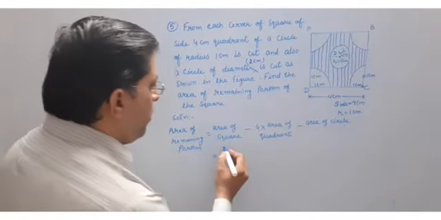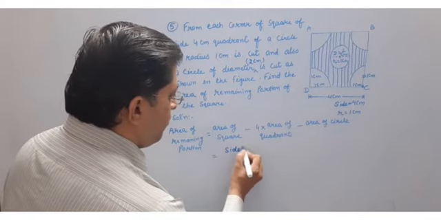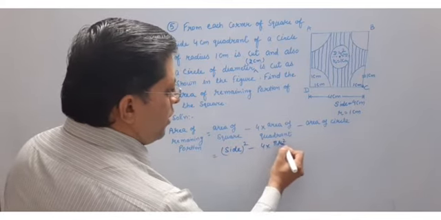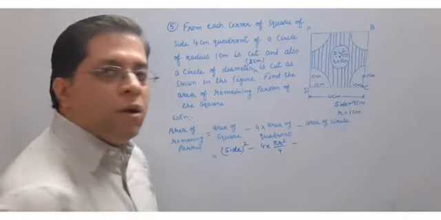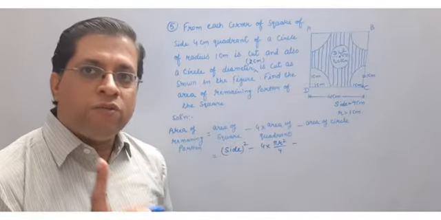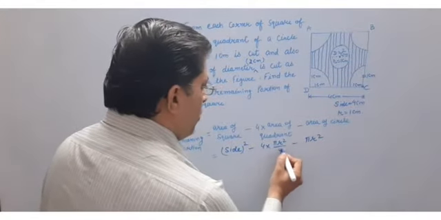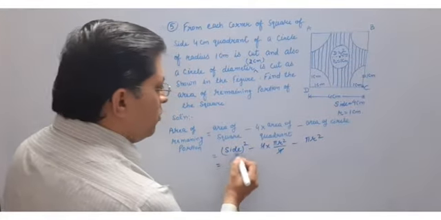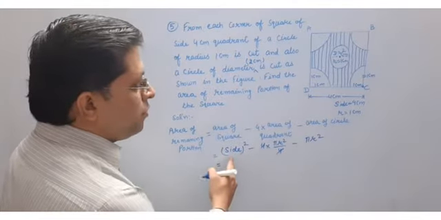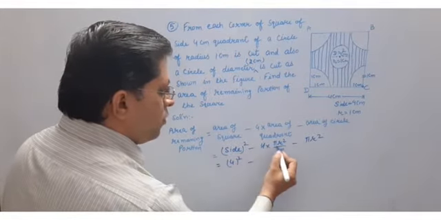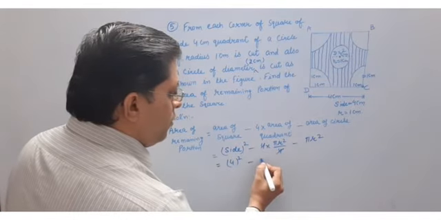The area of square is side square. 4 into area of quadrant, pi r square upon 4. Area of circle is pi r square. This is cut. Side is here 4, then 4 square will come. This is minus 2 pi r square.